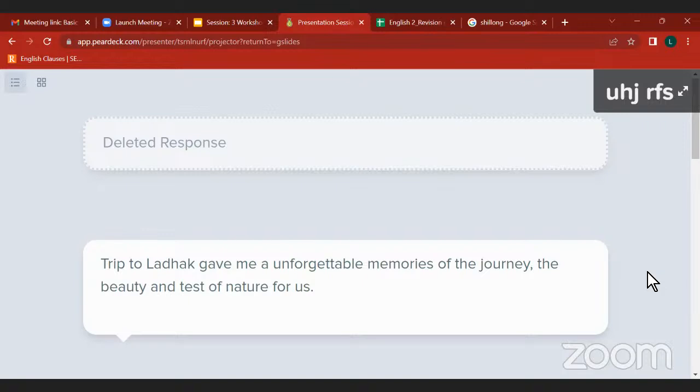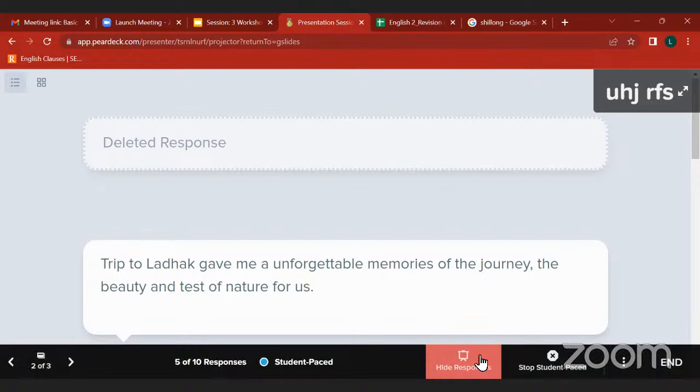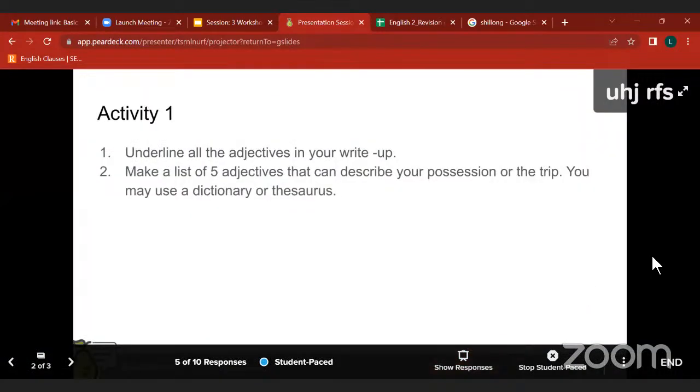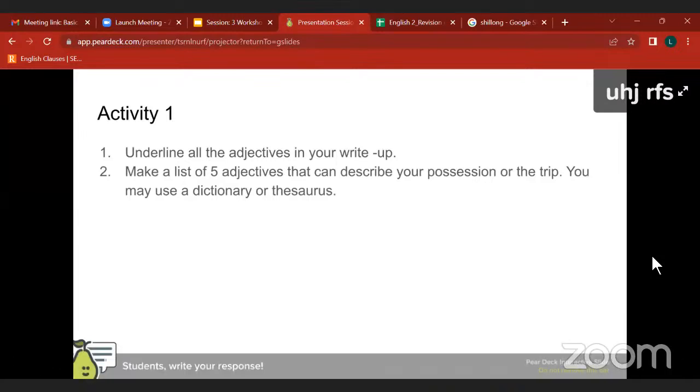You know what you have to do. First, you do free writing. This is what we did in the last session, actually, free writing. Once you finish with your free writing, then you sit down and do the activity that you're supposed to do today, right? Making a list of the next 5 adjectives based on the ones that you've already used in your writing, and then rewrite your paragraph, right?